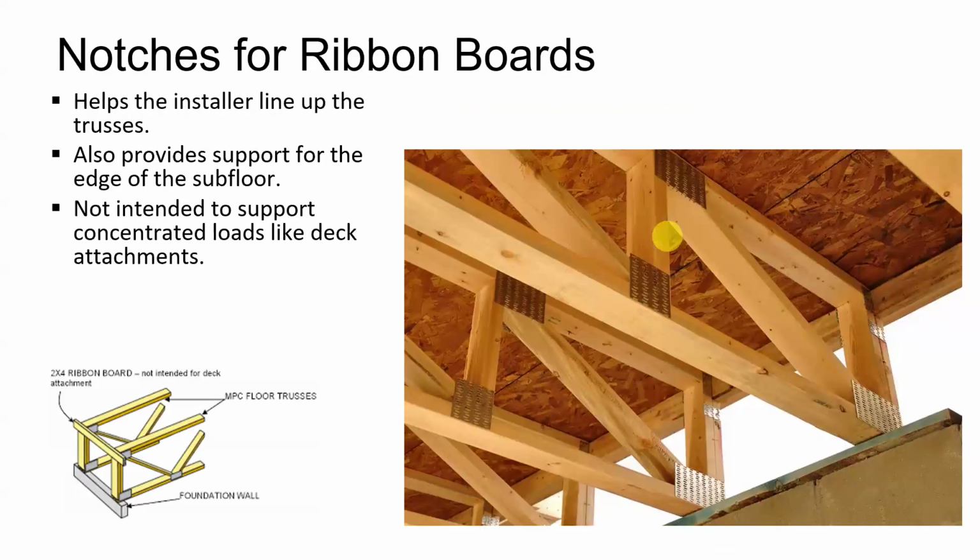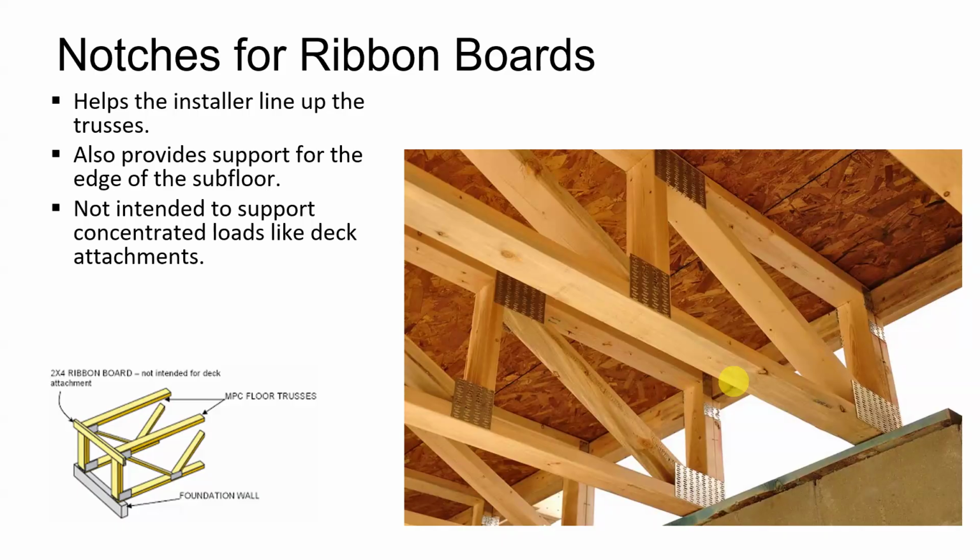Okay, so that board I was pointing out, that's called the ribbon board. So this 2x4 ribbon board provides support for the edge of my OSB subfloor, right? Because if this is 24 inches on center, this gives me a place to support the edge of that panel. It helps the installers line up the trusses and keep them at the right spacing while they're installing it.